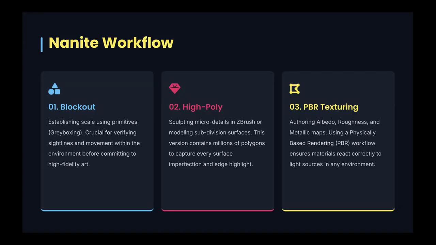So we're talking about big time savings, because you're not doing two models per asset. You are just doing one, and that's the one you throw in. So let's go to the next slide.